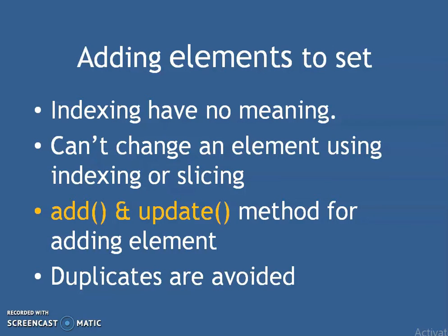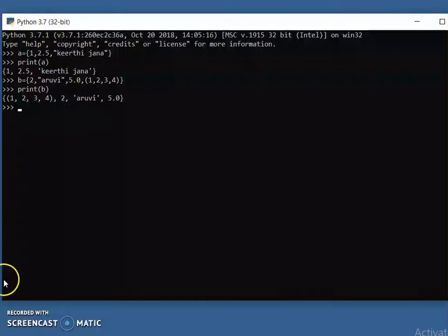Let's see an example for avoiding duplicates. Take a variable called yarn equal to a set, for example 1, 2, 3, 4, and again if I add 2, it is a duplicate, so it won't appear in the output. So let's see, print of yarn.